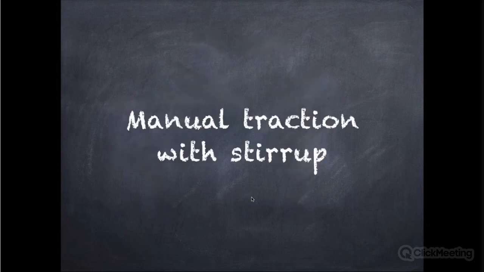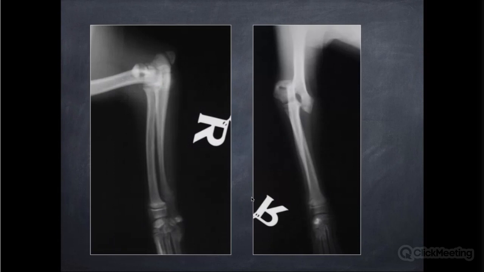We can use the traction stirrup manually as well. One of the standard examples is fracture of the condyle in very young puppies.